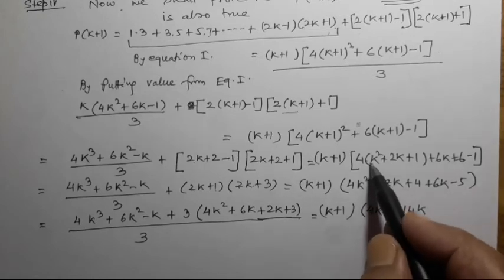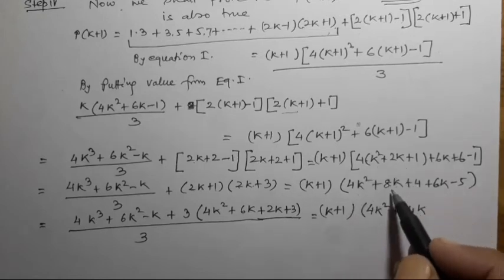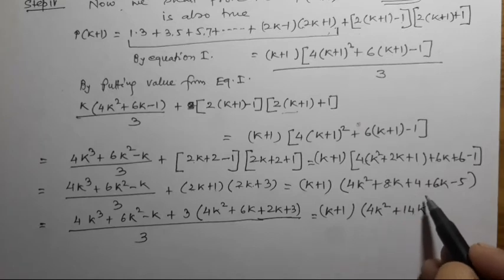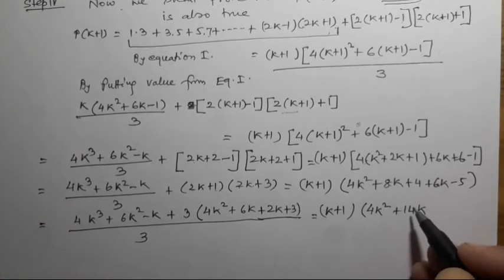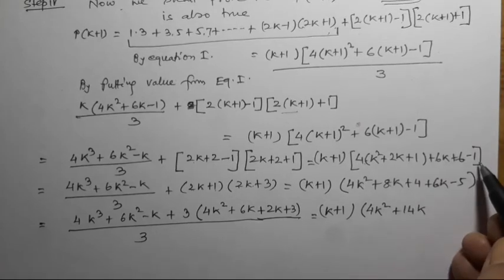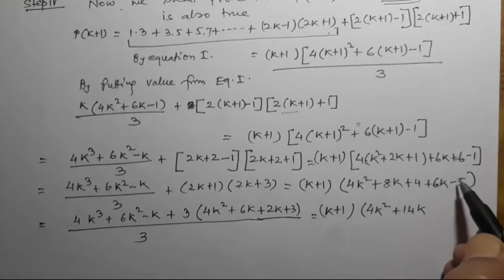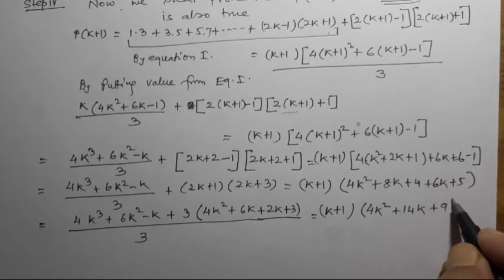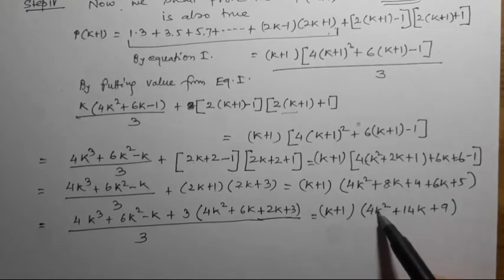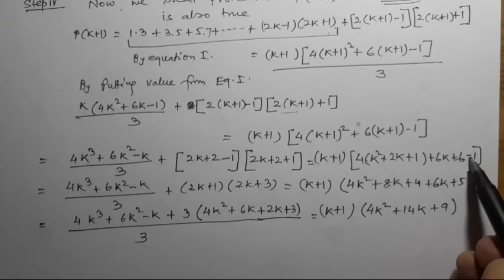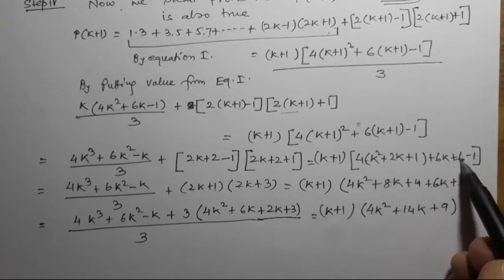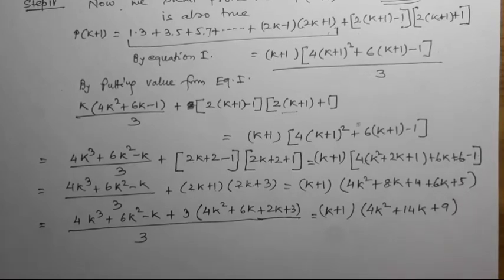So it is 4k square, 8k plus 4, plus 5; 6 minus 1 will be plus 5, so 4 plus 5 will be 9. Okay. 4k square, 8k plus 6k is 14k, 4 plus 5 is 9. Right?